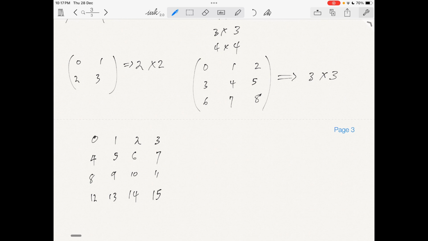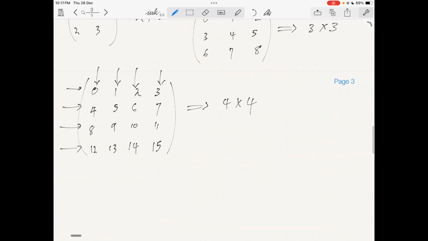Now this is a 4 by 4 matrix. It has 4 rows, 1, 2, 3, 4, and it has 4 columns, 1, 2, 3, and 4. So this is an example of a 4 by 4 matrix. So for a square matrix, the number of rows is the same as the number of columns.